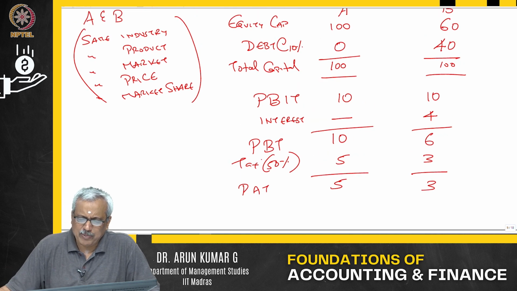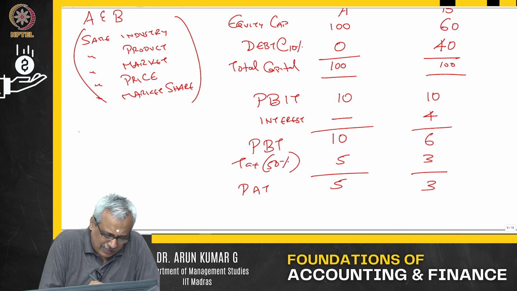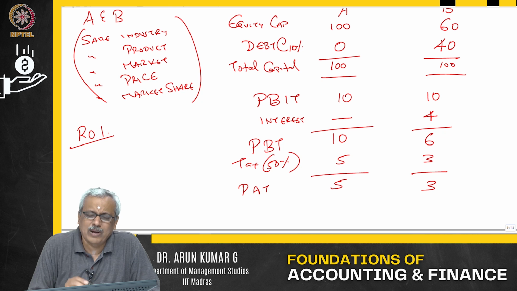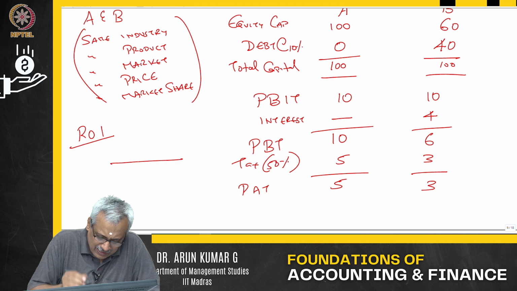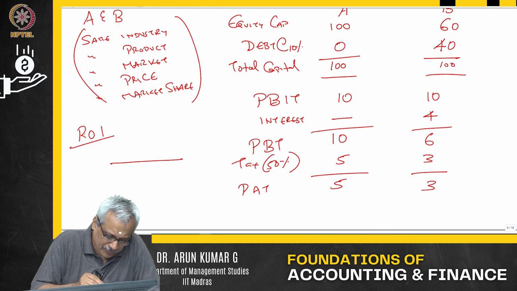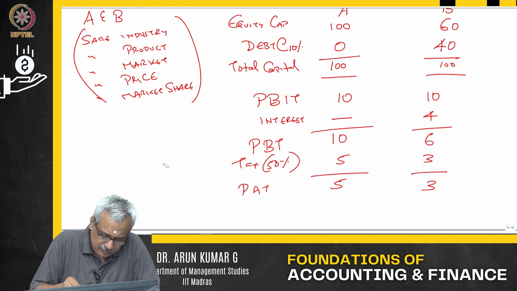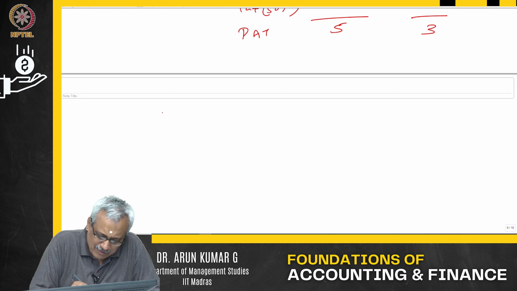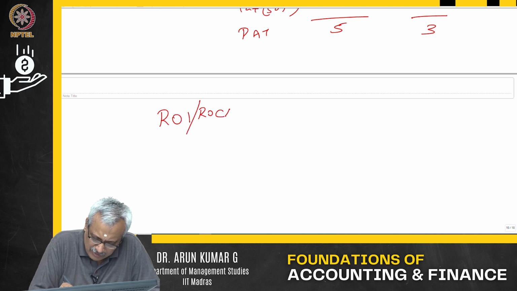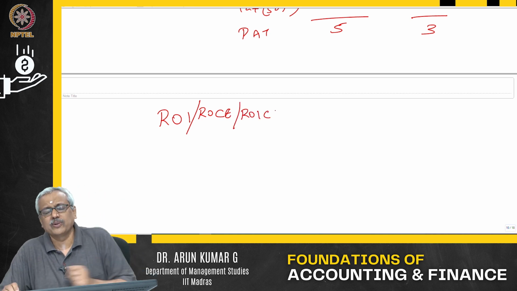Now what is the invested capital in both? Let us say ROI, return on investment or return on capital employed or return on invested capital, whatever name you want to call it by.